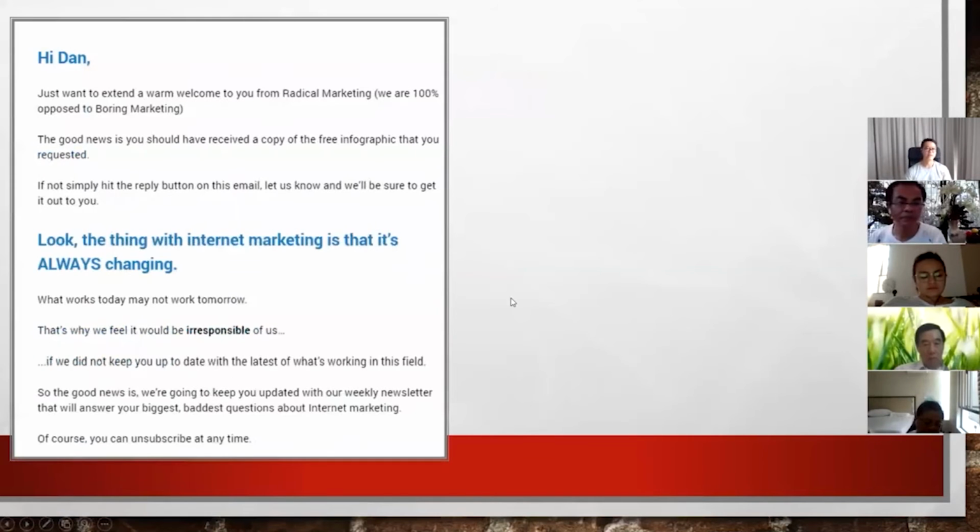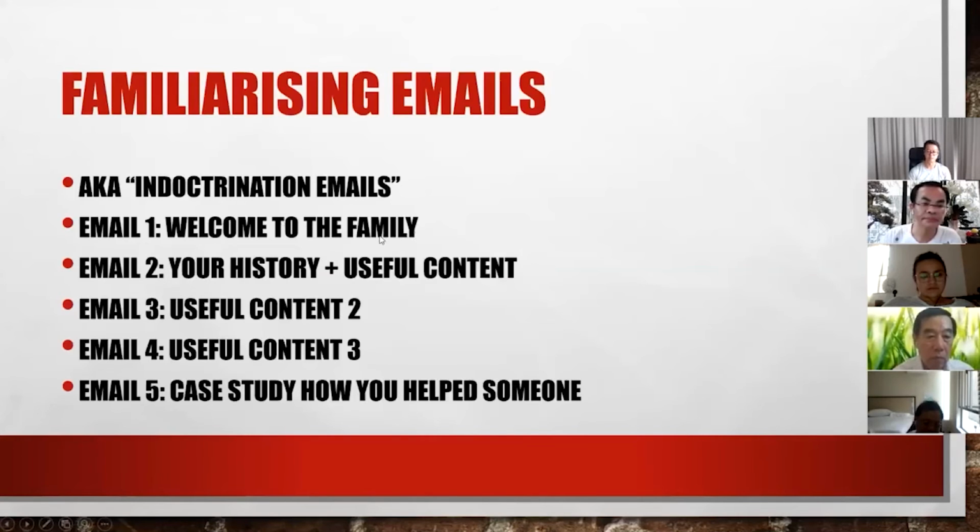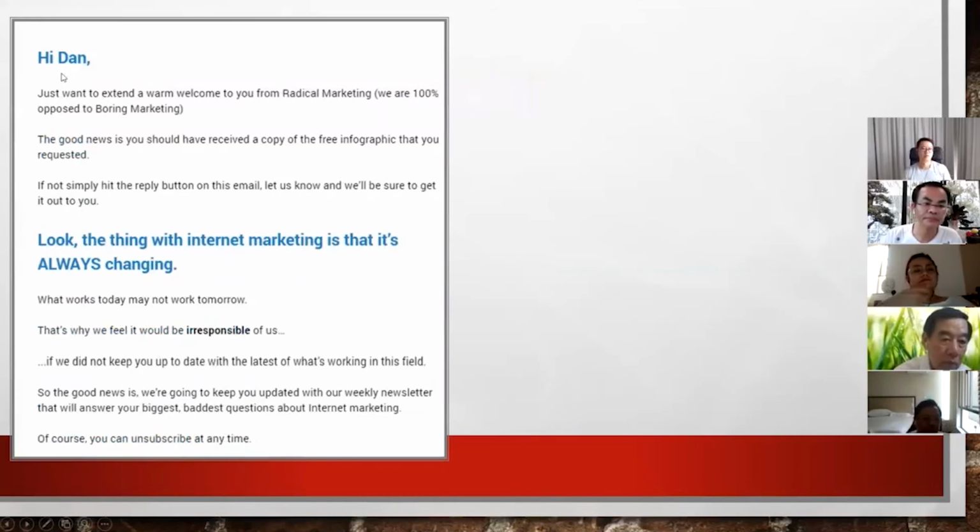Let me give you an example. This is the first email that goes out. If you go to the previous page, this is the welcome to the family email. Let me just quickly read this. Just want to extend a warm welcome to you from Radical Marketing. Good news is you should have received a free copy of the infographic. If not, simply hit reply and we'll be sure to get it out to you.